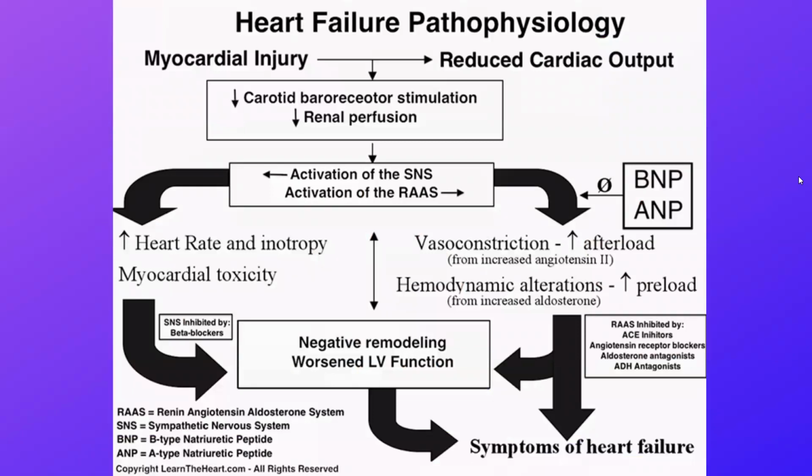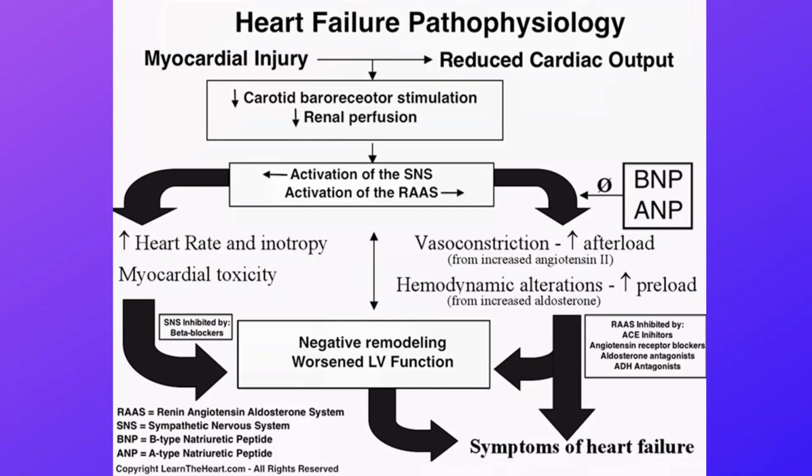This is the heart failure pathophysiology. Congestive heart failure results in the activation of multiple compensatory mechanisms in an attempt to increase cardiac output. This frequently works in the short term. However, the long-term effect can be detrimental to the heart via negative remodeling.